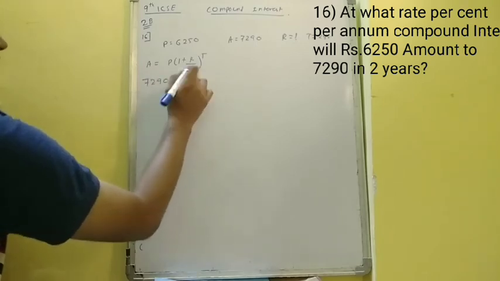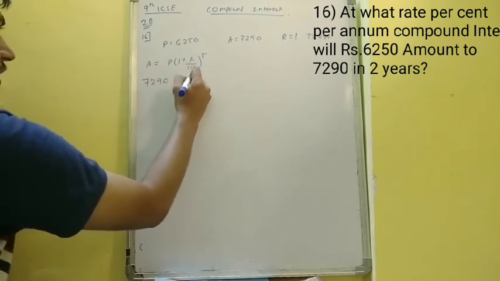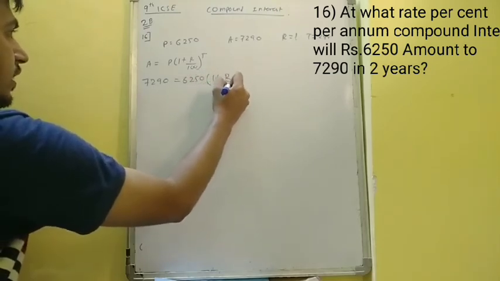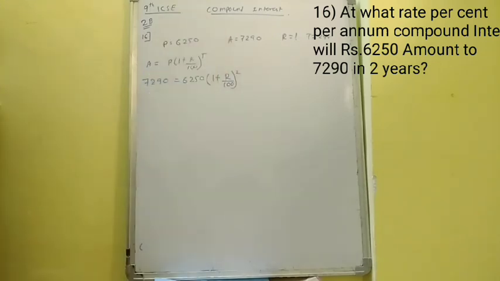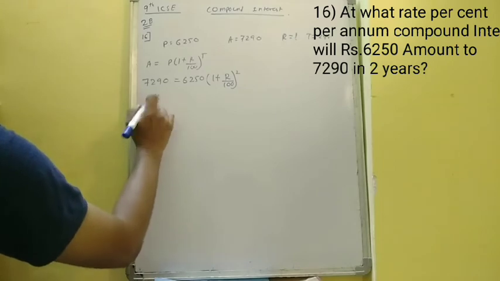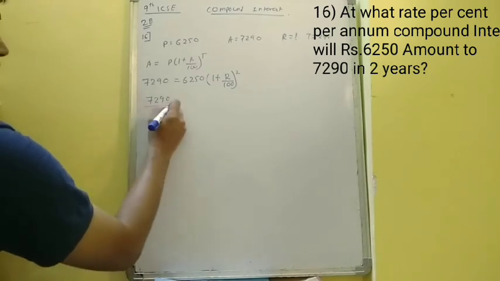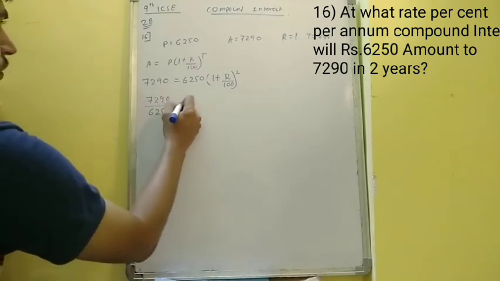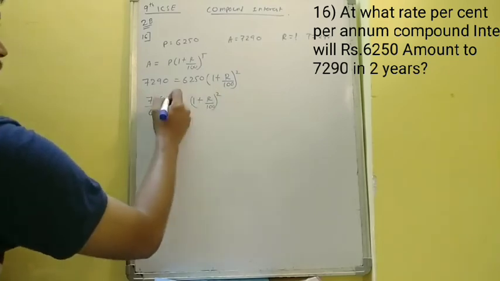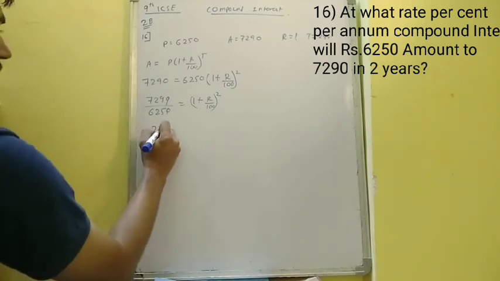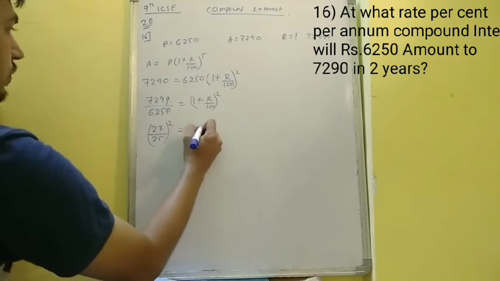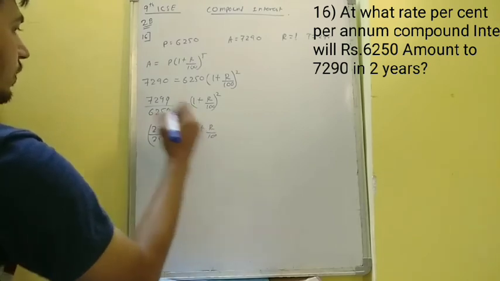We know the principal, it is 6250. 1 plus, we don't know the rate, R upon 100 raised to 2. 6250 will come here, so 7290 upon 6250 is equal to 1 plus R upon 100 raised to 2. 0 0 cancel. So it is 729 upon 625, which is 1 plus R upon 100 whole squared.